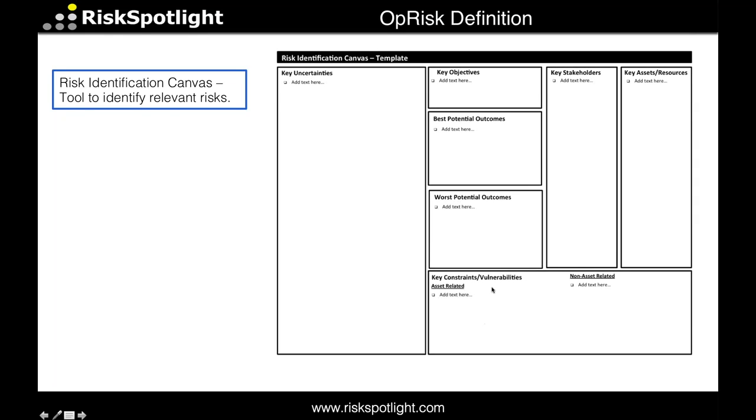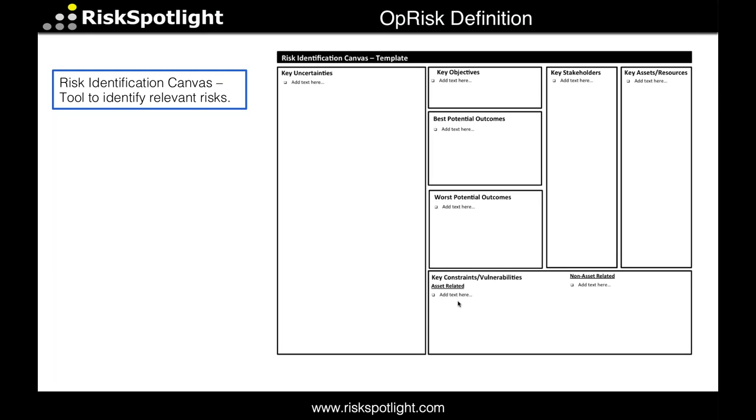And then in the bottom half is where we are trying to identify any key constraints or vulnerabilities we may have in association with that objective. So if our objective is to increase revenue, and one of the assets we have is, let's say, a CRM system we are using to keep track of our customers and give them marketing offers, then that IT system may have a constraint that it may only be able to handle, let's say, 10 million customers.